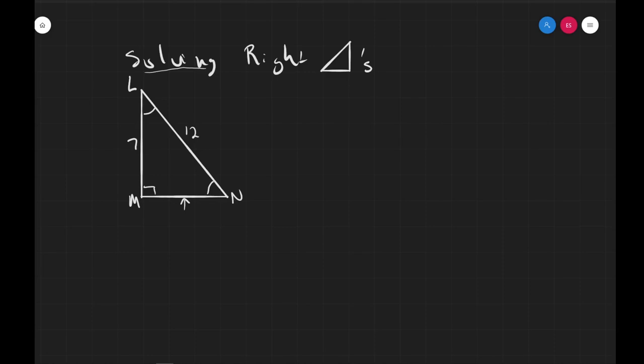All right. If I want to solve for this third side, if I know two sides of a right triangle, I can start with the Pythagorean theorem, that a squared plus b squared equals c squared idea. So I'm going to call a 7, and since 12 is our hypotenuse, b stays what it is, or let's call it L, because it is side L in this case.